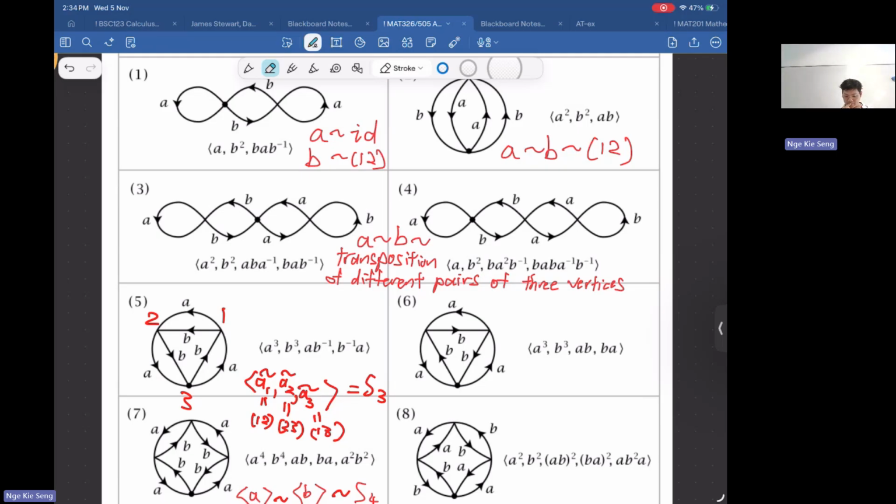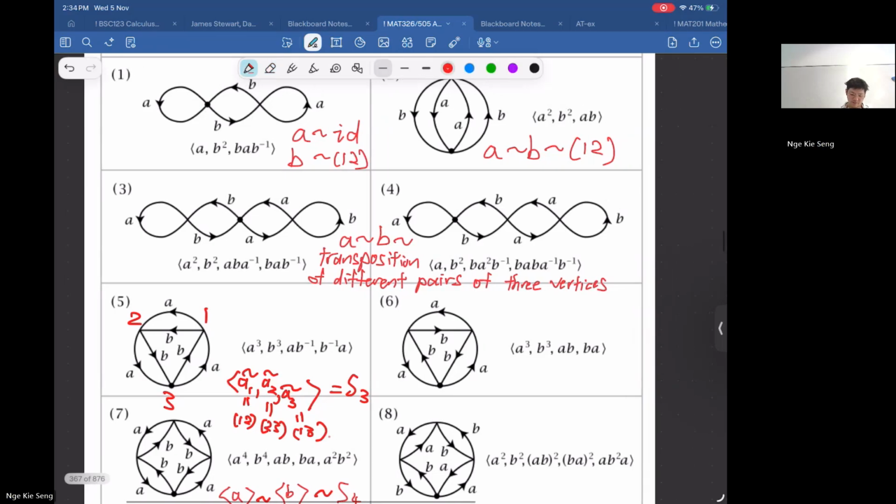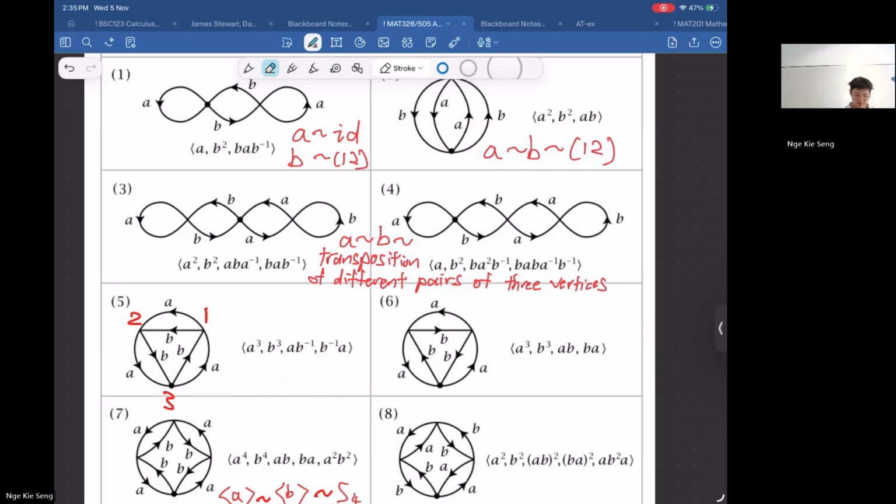So I guess it depends on how you lift it. Let me think. 1, 2.